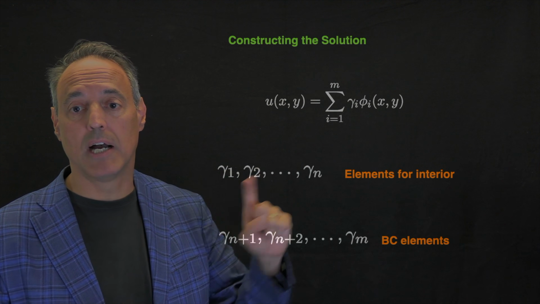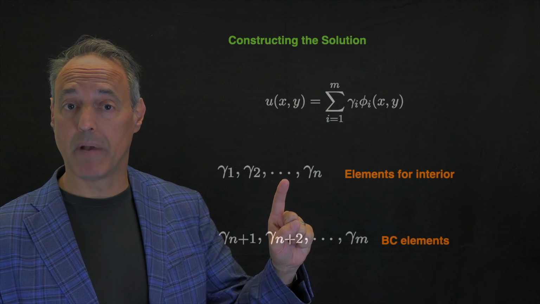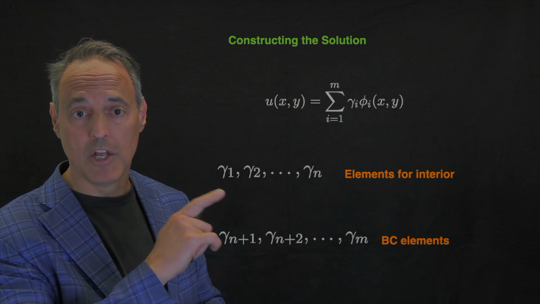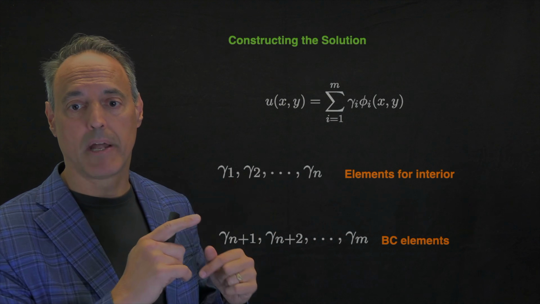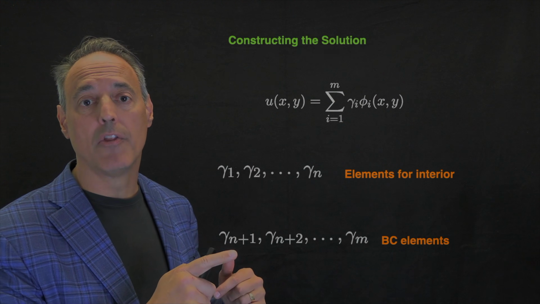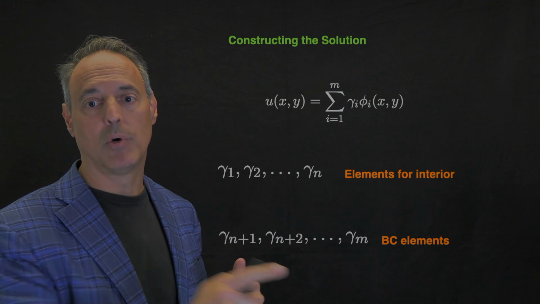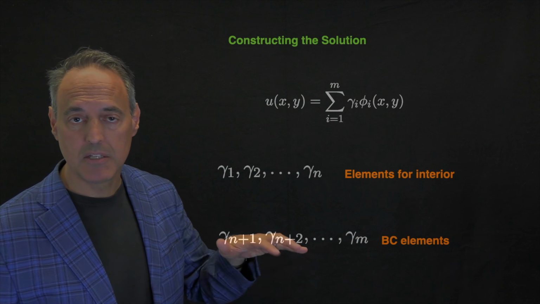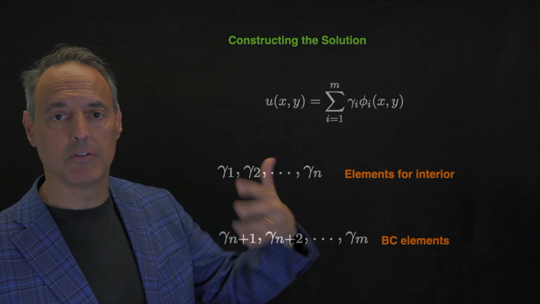When I discretize, all the interior points, in other words, the ones that don't touch the boundary, don't have to satisfy anything on S1 or S2. Those are here, so there are n elements that don't touch the boundary. And then there are the finite elements from n plus 1 to m, all of which touch boundaries. So these have to satisfy the boundary conditions. These are just satisfying the PDE on the interior.